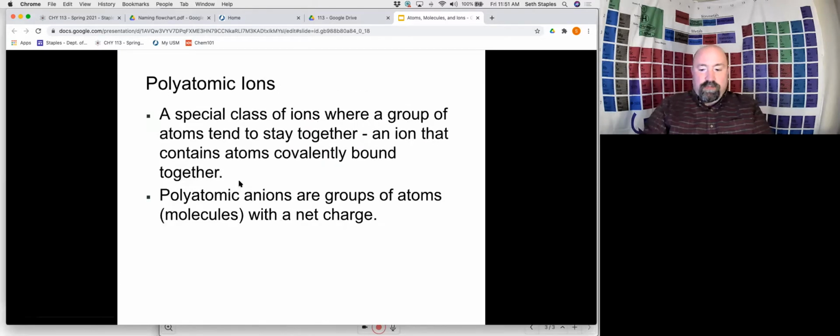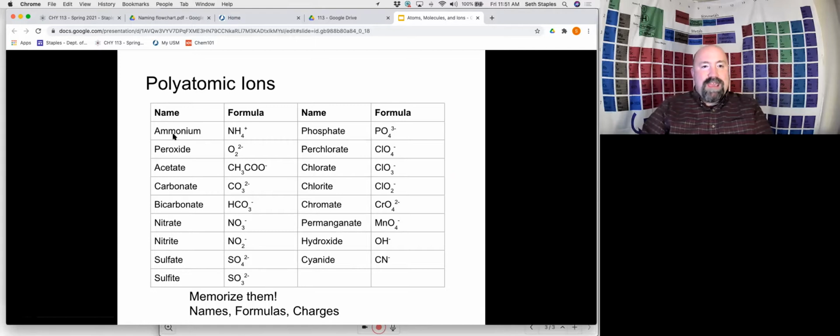For instance, ammonium has a formula NH4 with a +1 charge. Peroxide, formula of O2 with a 2- charge. Acetate, formula is CH3COO, has a 1- charge, and so forth. These are some of the more commonly used and commonly known polyatomic ions.